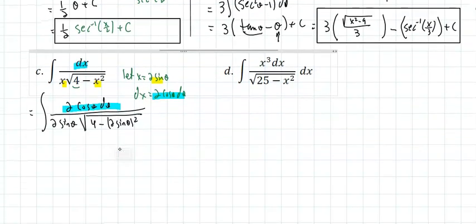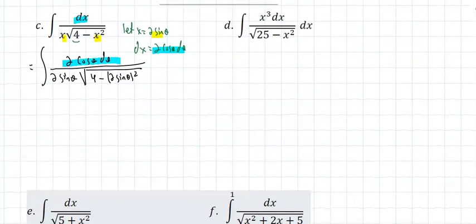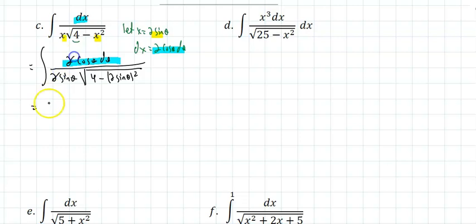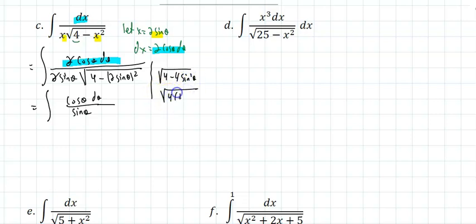So if I proceed, the 2's cancel out. I'm looking at the integral. There's a cosine of theta d theta at the top. There is a sine of theta in the denominator, plus the radical. I'm going to work out the radical. That's the square root of 4 minus 4 the sine squared of theta. 4 into 1 minus the sine squared of theta.